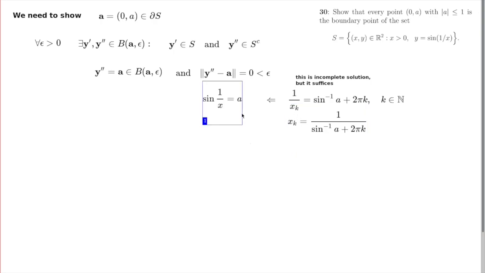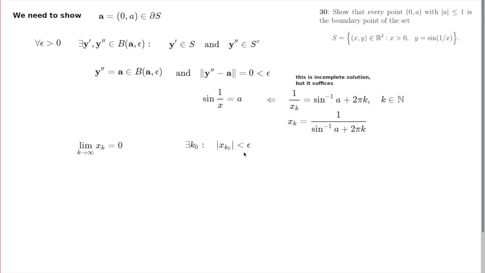Now, one thing which I'd like to observe about this solution is that the limit of this sequence x_k is 0. This is because of the presence of this k in the denominator. Hence, if I use the definition of the limit, I can find an index k0 such that x_k0 in absolute value is less than epsilon.